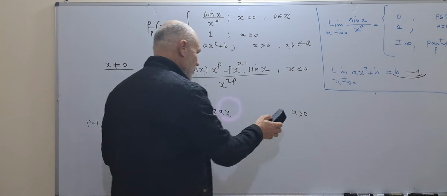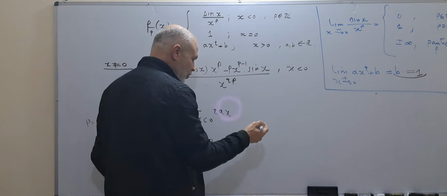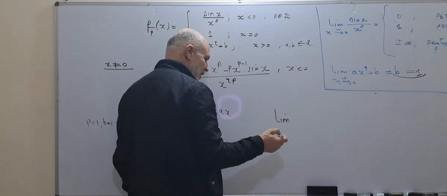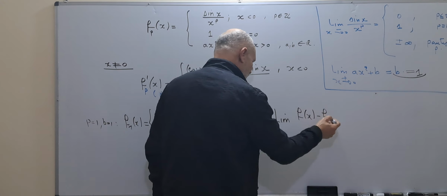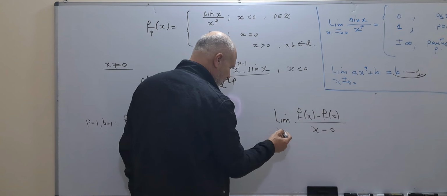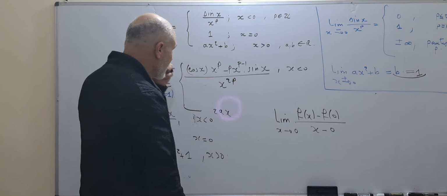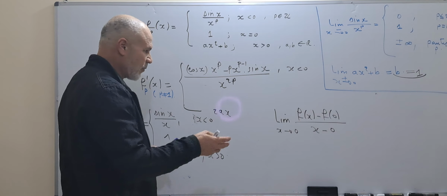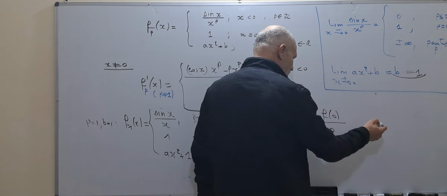To try to find the derivative, we should use the definition: the limit of f of x minus f of 0 over x minus 0 when x goes to 0. Since the function is defined differently from the right and from the left, we calculate the two limits.